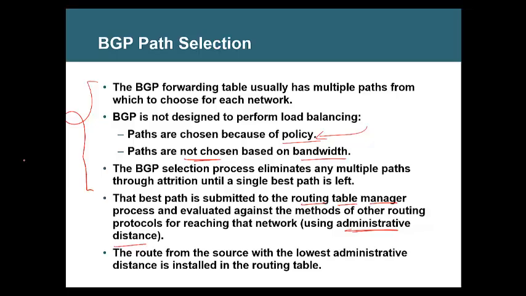That's the reason why sometimes BGP routes won't be seen. Administrative distance matters. IBGP is 200 in Cisco. OSPF is only 110. So OSPF is preferred.